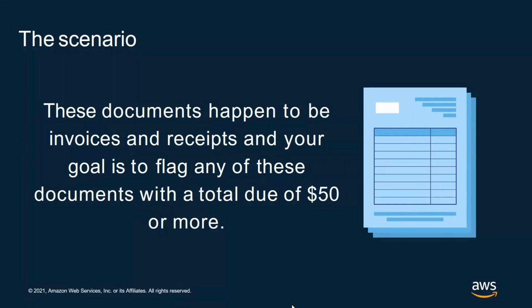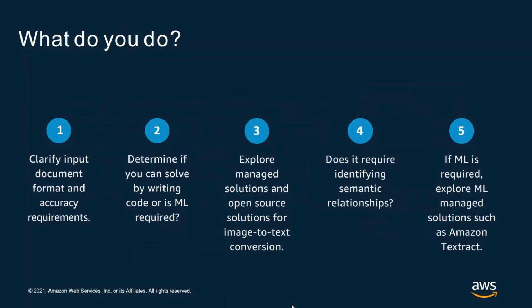Imagine you're a company where your employees provide receipts after they've purchased something, and you have a company policy that says anything over $50 needs to be approved by a certain department. So what you've been tasked to do is to go through these documents and identify any document that has a total bill of more than $50. So what do you do?